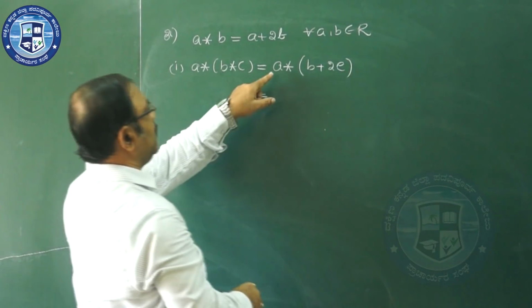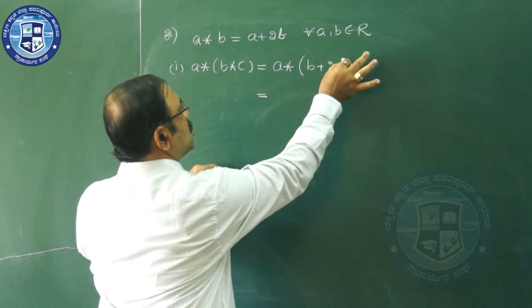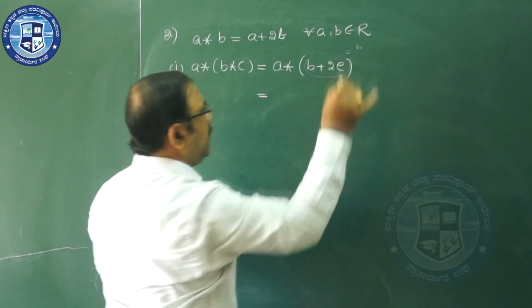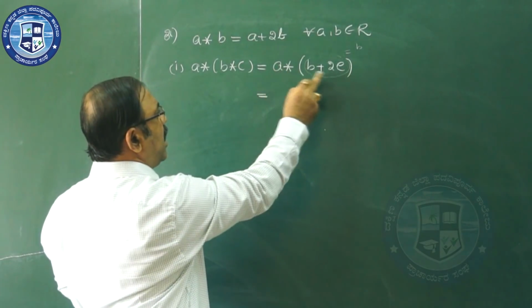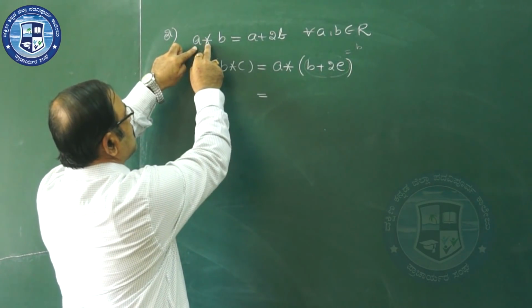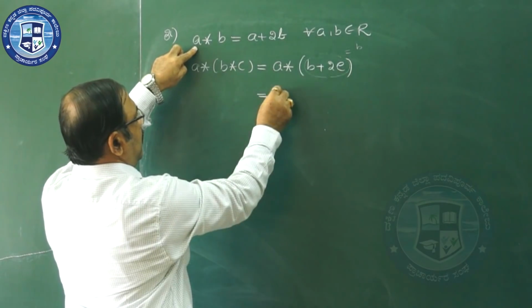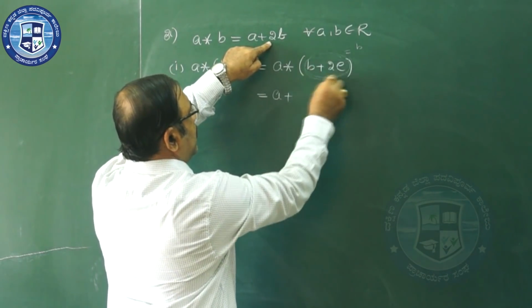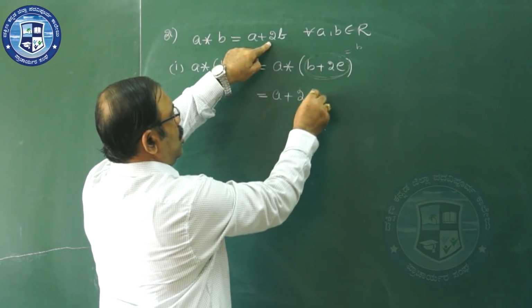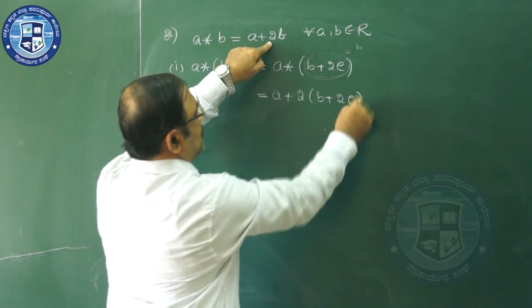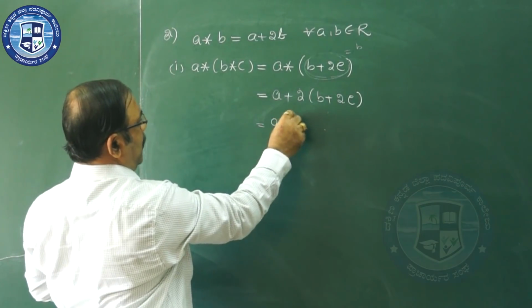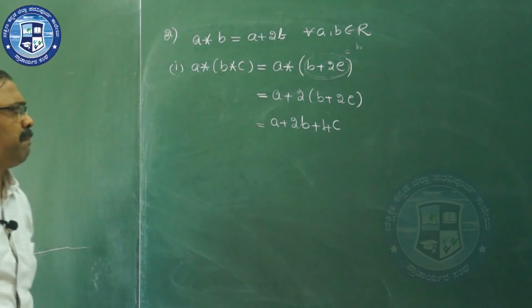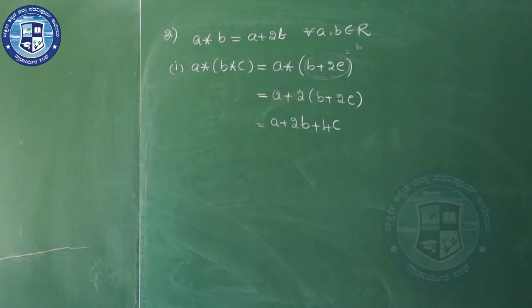Now, this is nothing but A star, and this is totally B star C. So A plus 2 into B plus 2C. So, A plus 2B plus 4C.